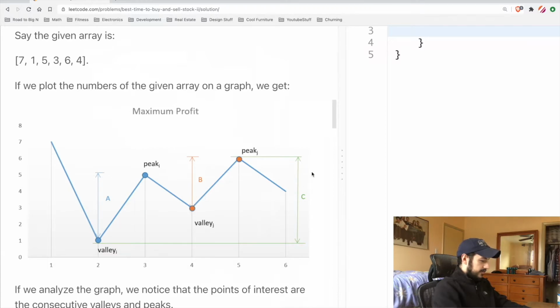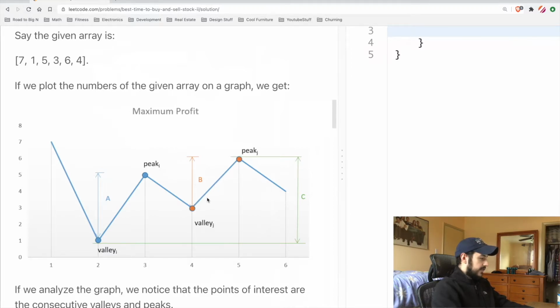So all of the increases within this graph: there's an increase from here to here, which is denoted by this line A, and there's another increase B from here to here.